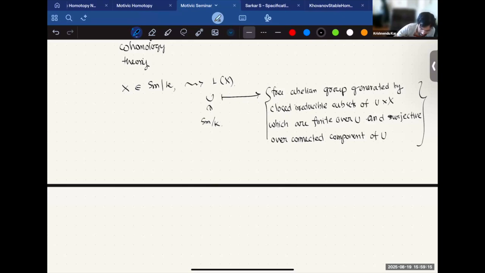So this is the free abelian group that you associate to each smooth scheme, and elements of this group are referred to as cycles in these notes.